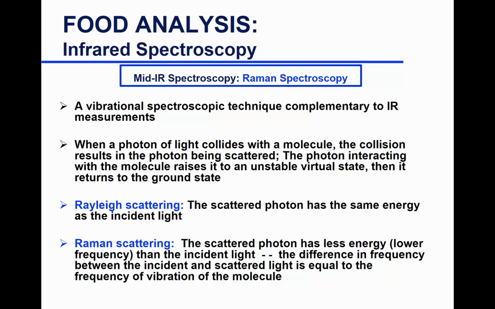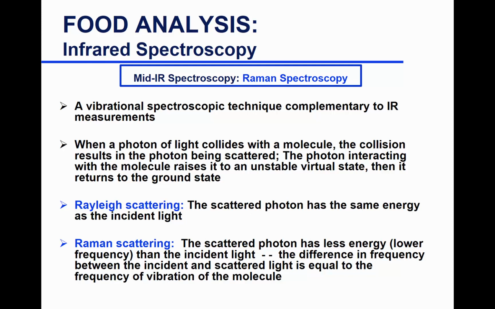Raman spectroscopy is another form of vibrational spectroscopy. It's based on scattering of light and measuring the difference of scattered light that has less energy than the incident light.